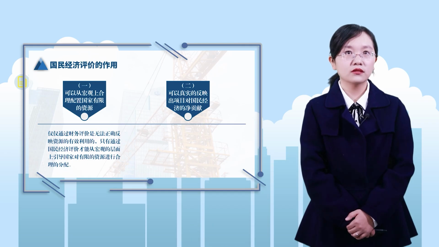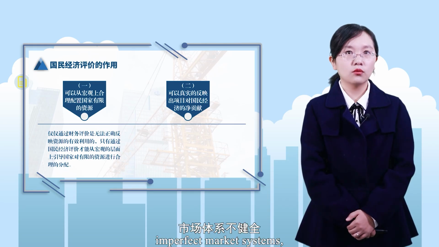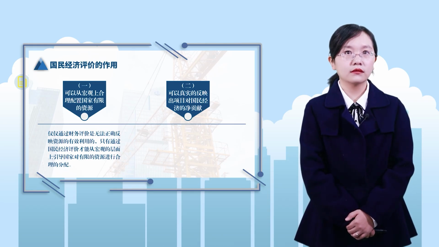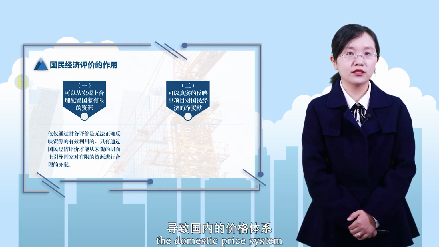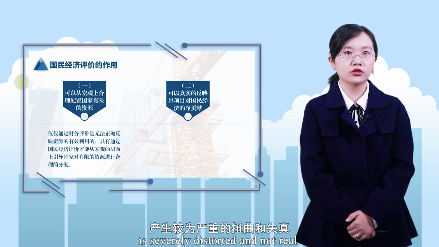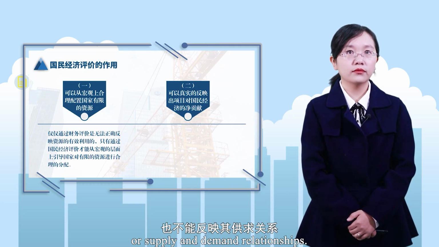In many countries, especially developing countries, due to unreasonable industrial structures, imperfect market systems, and overprotection of national industries, the domestic price system is severely distorted and not real. The prices of many commodities do not reflect their value or supply and demand relationships.